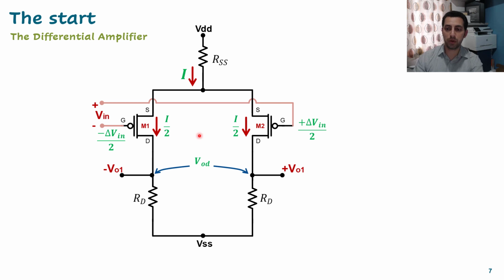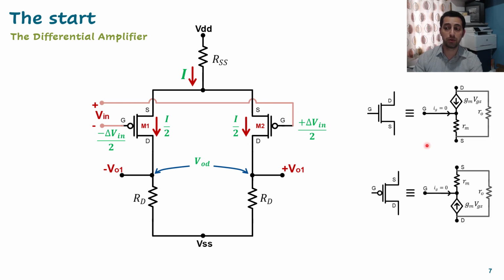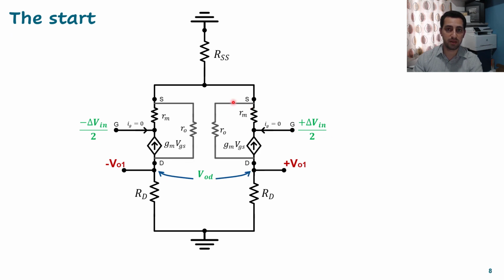We split them because we want to understand the impact of each change on each transistor. Using the small signal model, we can replace these two MOSFETs by the small signal model and study the impact of this small change between gate and source on the current here, and understand what's happening.